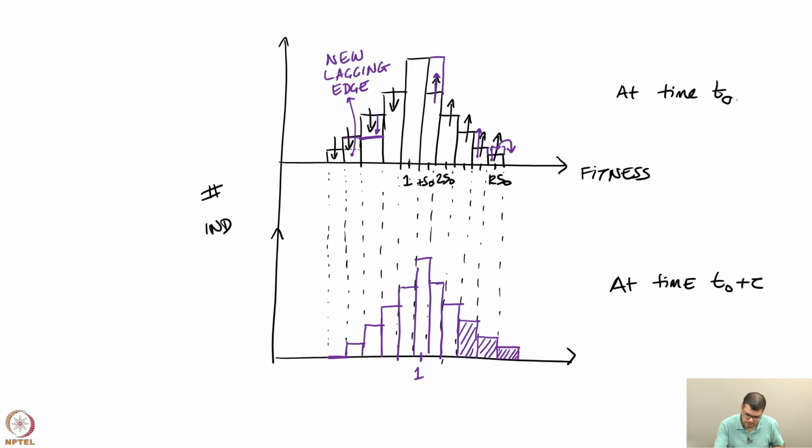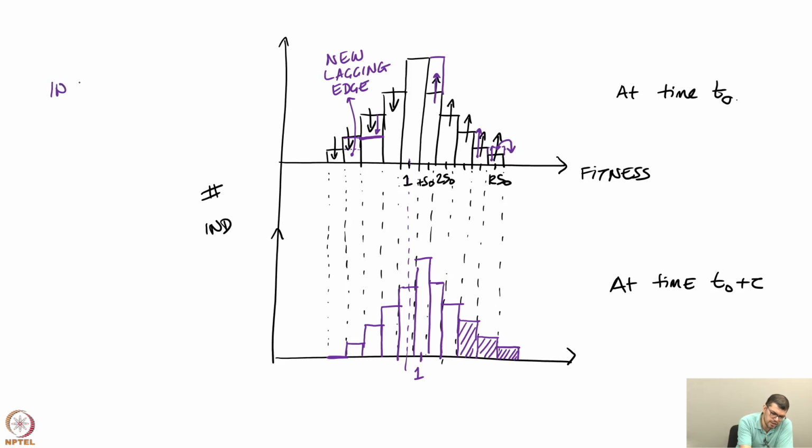The population mean was right here, and it's like every bar that we have in the graph above has shifted by S naught units to the right, and we get the bottom picture. So, we can view this evolution in this clonal interference regime, where all these genotypes are competing with each other, through the prism of this distribution moving to the right.